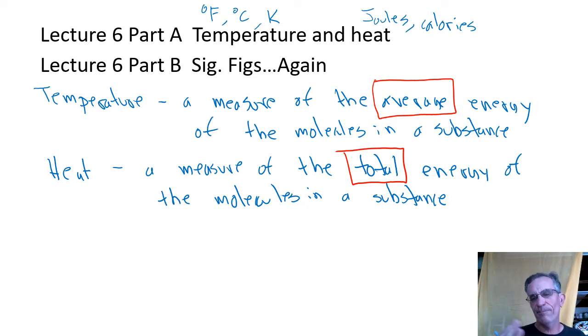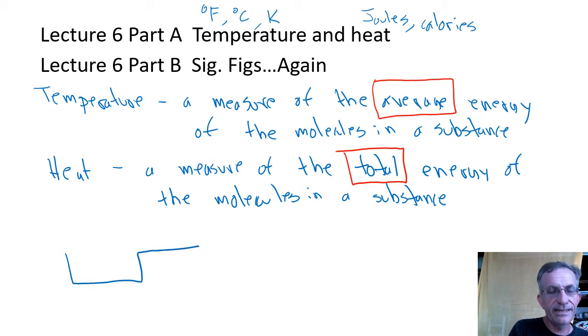So let's do a little example of what I mean by that. Let's say tonight you're going to cook some dinner, you're going to make some pasta, whatever, and so you get out your little saucepan, and in there you put some water, and you warm that water up. You want to get it pretty hot to cook your spaghetti, so you get it up to 80 degrees Celsius. Now, let's compare that to the ocean.